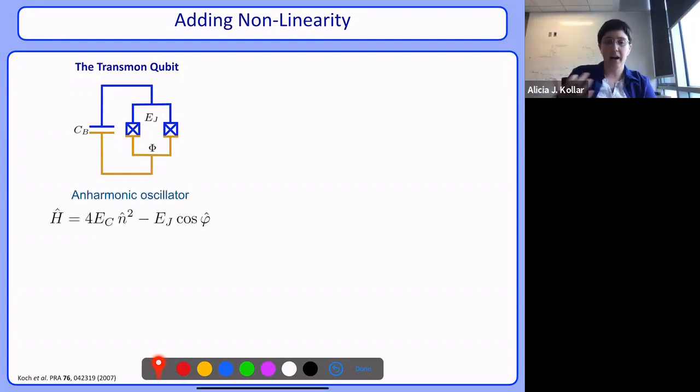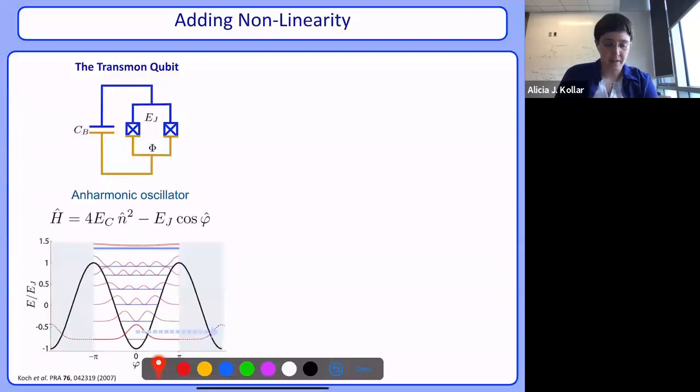But at a very high level, instead of the harmonic oscillator we were seeing before, the Josephson junction replaces the phi squared term with cosine phi. This makes it an anharmonic, or a nonlinear oscillator, and that's where we can get some nonlinearity from.